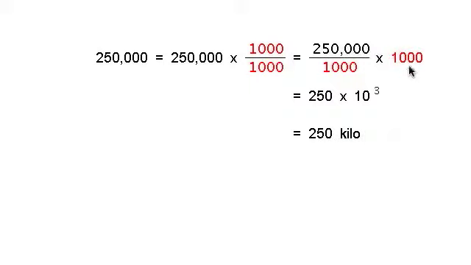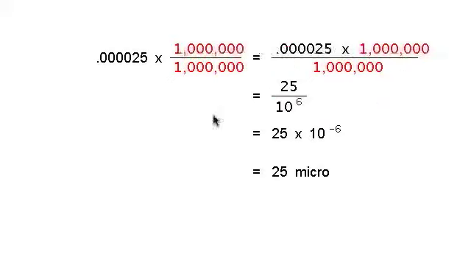So we have to replace that value by 1,000, which is 10 cubed. So in metric notation, the mantissa will have 1, 2, 3 digits. So here they have 250 times 10 to the third, which is kilos.